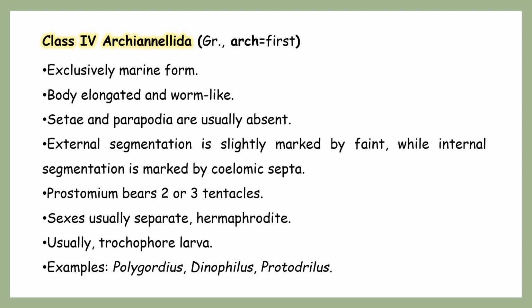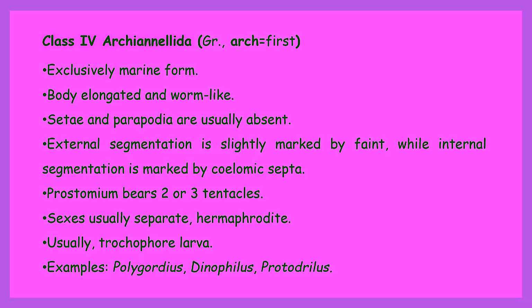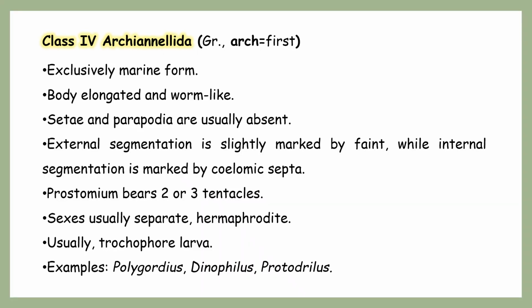The body is elongated and worm-like. Setae and parapodia are usually absent. External segmentation is slightly marked. Sexes are usually separate, though some are hermaphrodites. Usually they have the trochophore larva, meaning development is indirect. The example for this category is Polygordius.